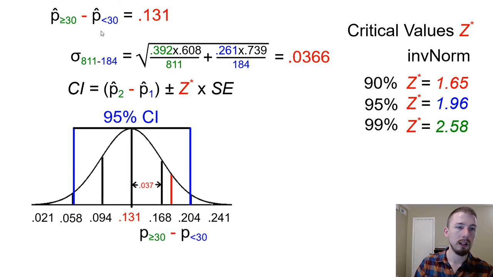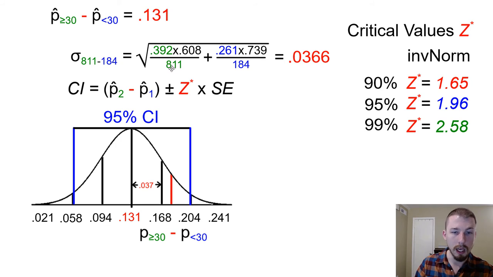So we said from our sample, our best estimate from the largest samples that we had suggested there was a difference of 13.1%. The standard deviation between these two different samples, the large and the small sample of over 30 and younger than 30, is going to be basically from the Pythagorean theorem of statistics.